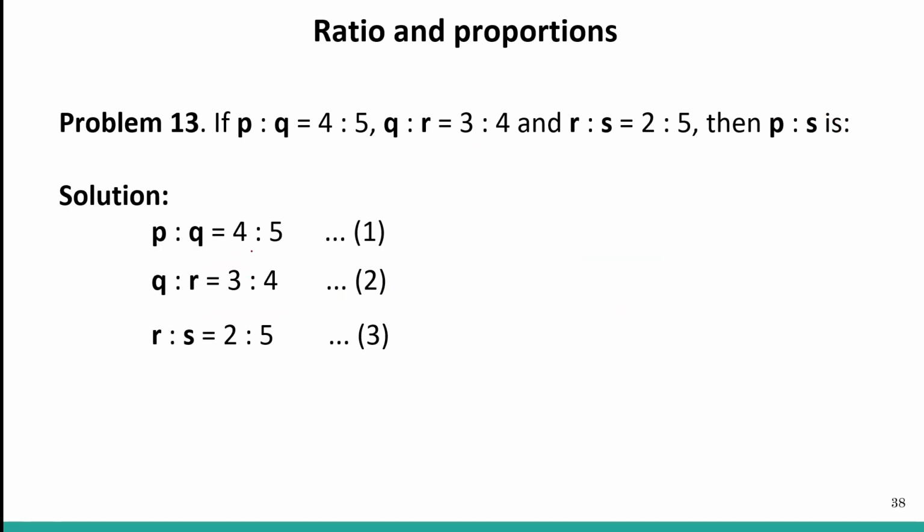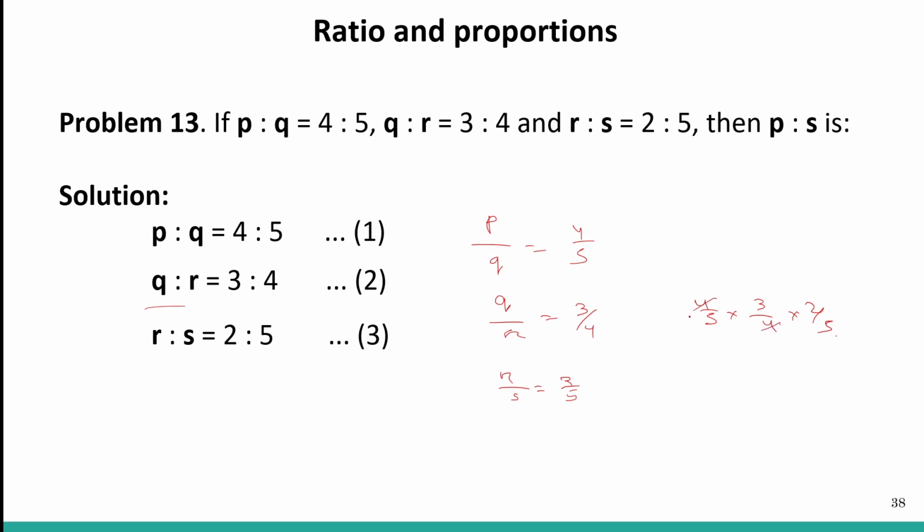So given that P is to Q is equal to 4 is to 5, Q is to R is equal to 3 is to 4, and R is to S is equal to 2 is to 5. So P by Q equal to 4 by 5, Q by R equal to 3 by 4, R by S is equal to 2 by 5. So multiplying these three, compounding these three, what we can arrive at is 4 by 5 into 3 by 4 into 2 by 5, right?